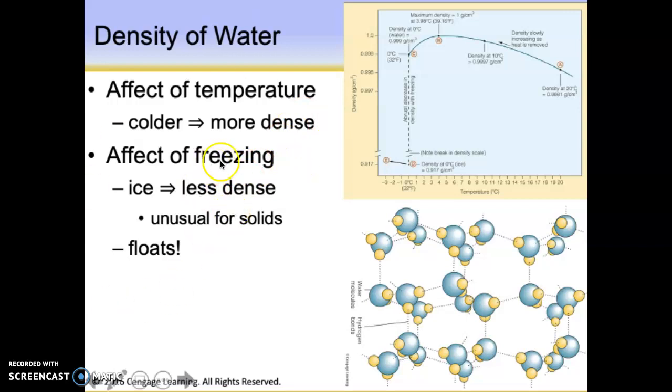If water were like other substances and ice were more dense than the liquid water, most of the ocean would end up being frozen, because water would freeze at the surface, it would sink down to the bottom, and a layer of ice would build up at the bottom, and you'd have a thin layer of water at the surface that would be seasonal, but the deep part of the ocean would be mostly frozen. So the fact that ice is unusual and less dense than liquid water also means that our oceans are going to be oceans of liquid water instead of solid water or ice.